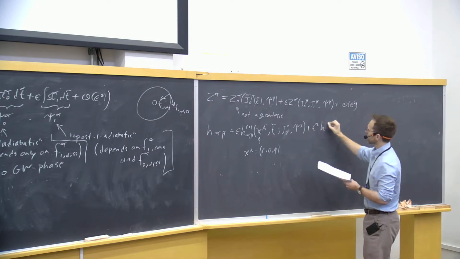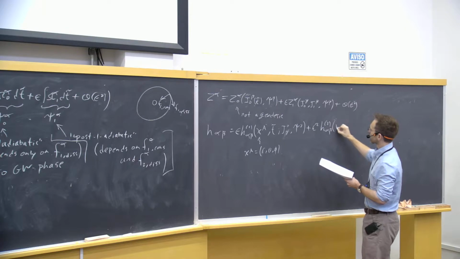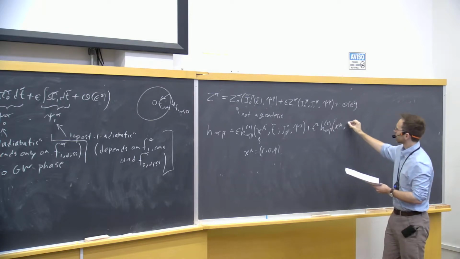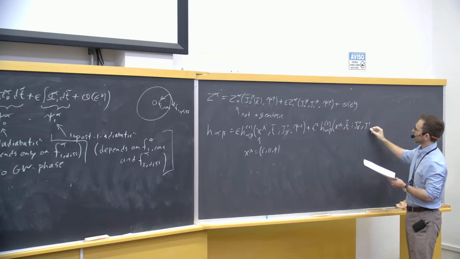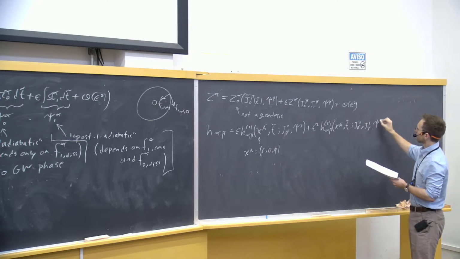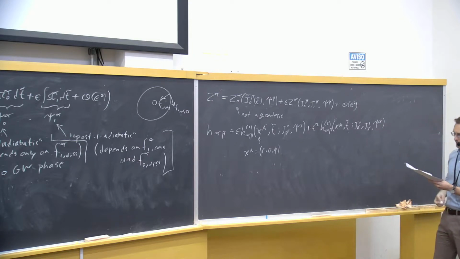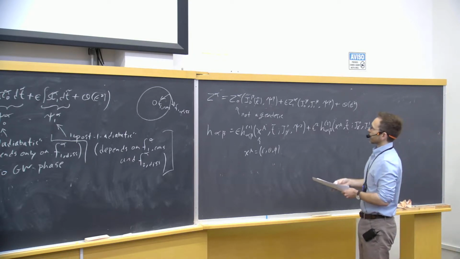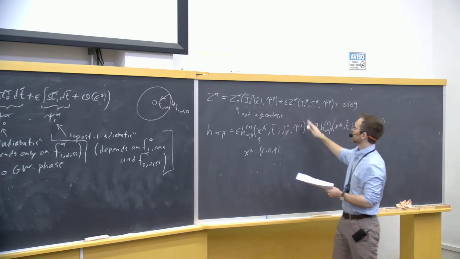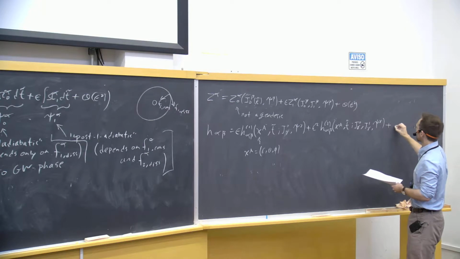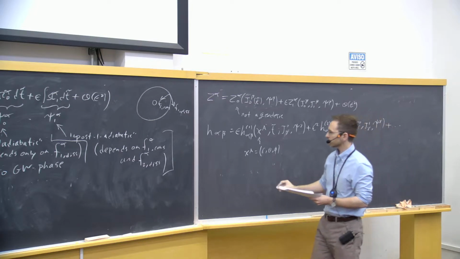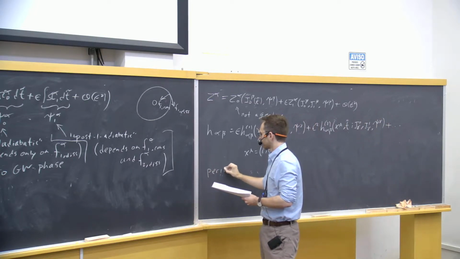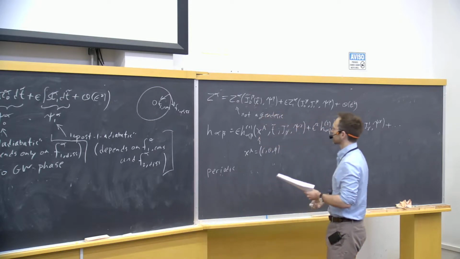Second order, similar structure. Now it depends on J1 in addition to J0, and again depends on all the phases. An important thing here is that z0, z1, h1, h2 are all periodic functions of these phases. That's part of the ansatz.